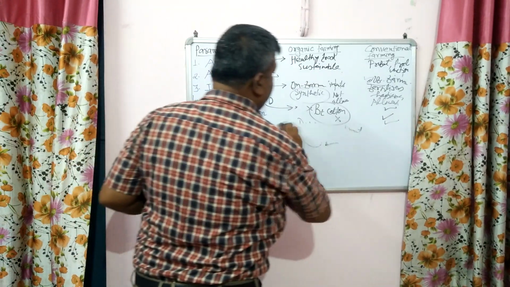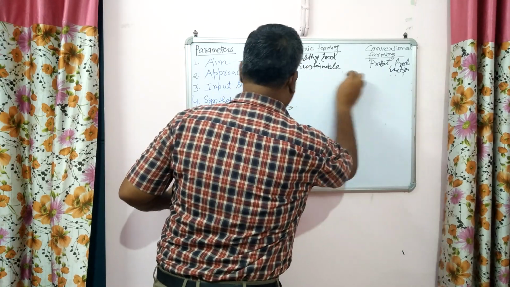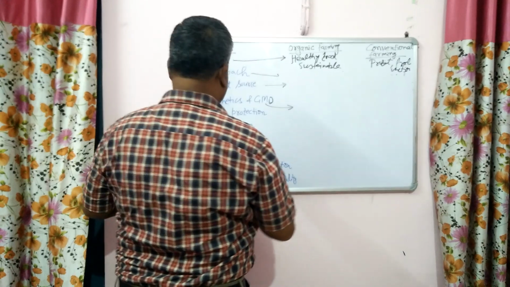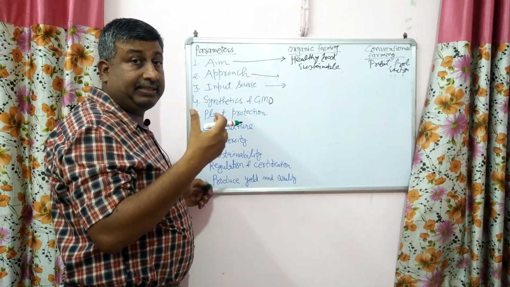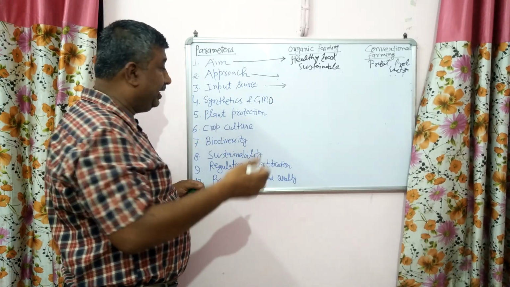Then plant protection. In organic farming, since synthetics are not allowed, fungicides, insecticides and herbicides are not allowed. So the pest population may increase.